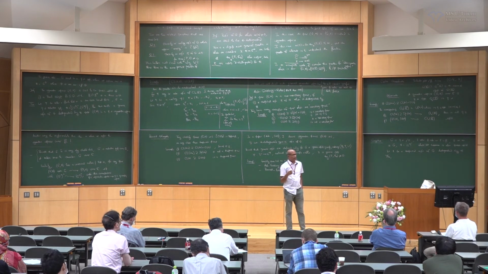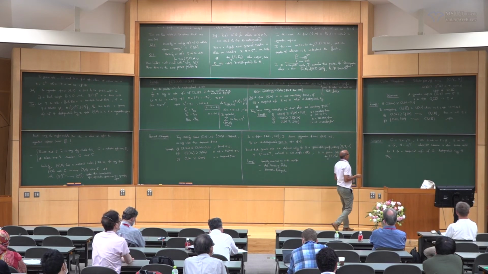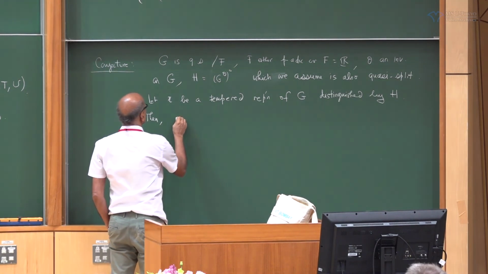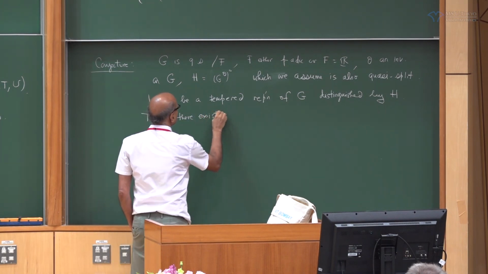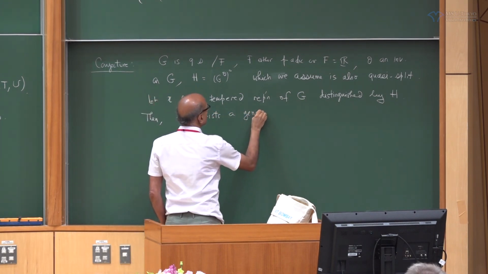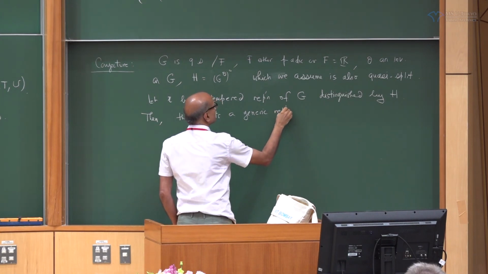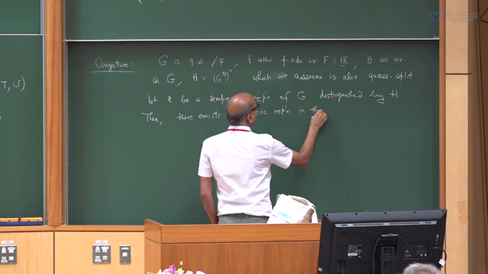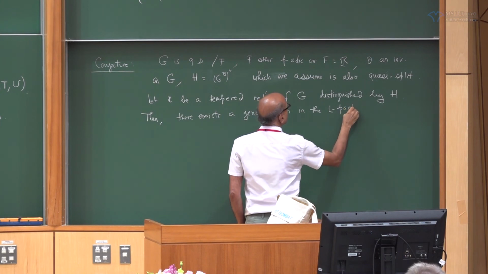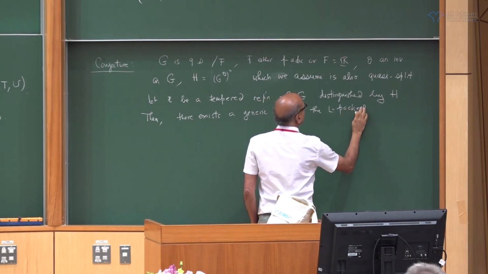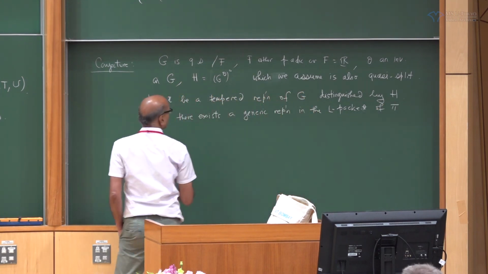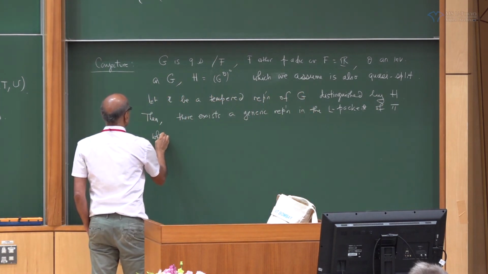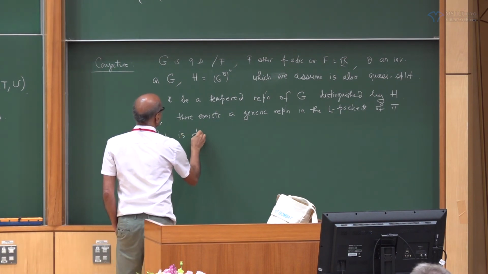There is the notion of L packet. So then there exists a generic member, a generic representation in the L packet of pi, which is distinguished by H.